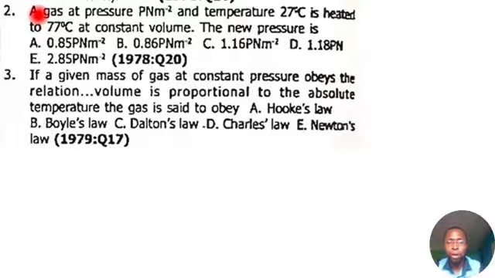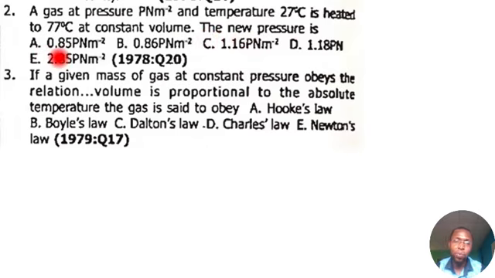Look at this question here. It says a gas at pressure P Newton per meter squared and temperature 27 degrees Celsius is heated to 77 degrees Celsius at constant volume. The new pressure is dash.